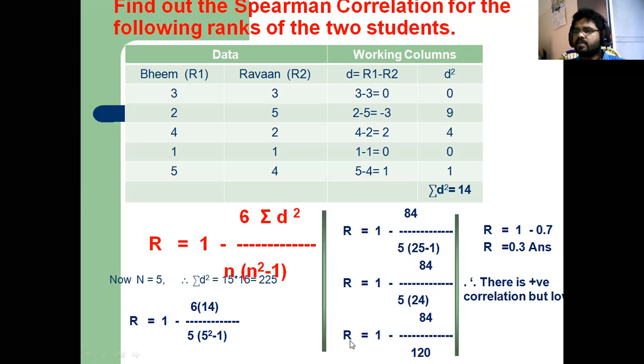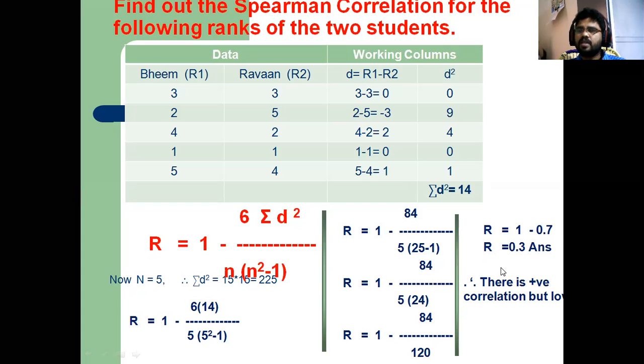So when you cancel it, r is equal to 1 minus 84 by 120, you will get 0.7. That is r is equal to 1 minus 0.7. If you subtract 0.7 from 1, you will get 0.3. So the answer is 0.3. The rank correlation is 0.3.